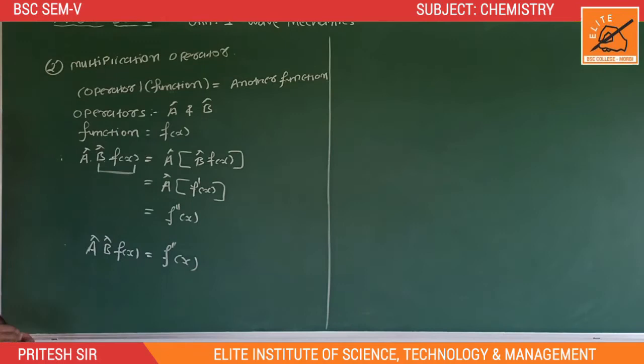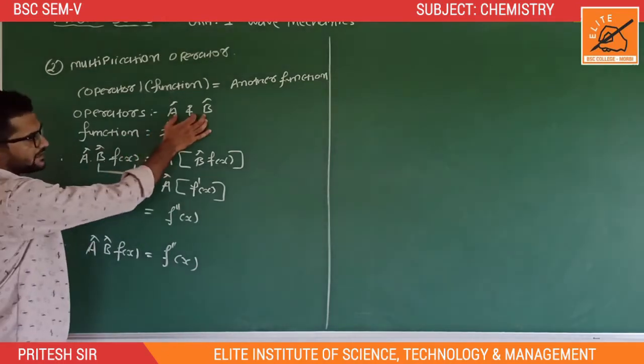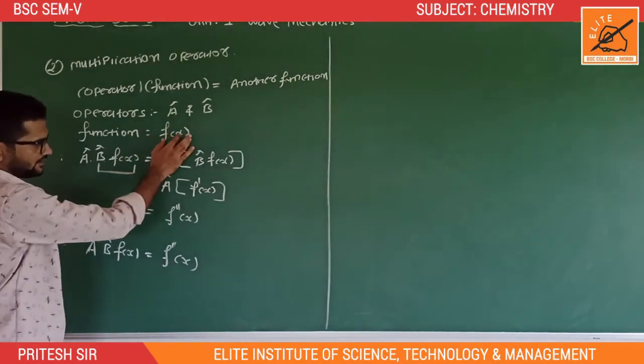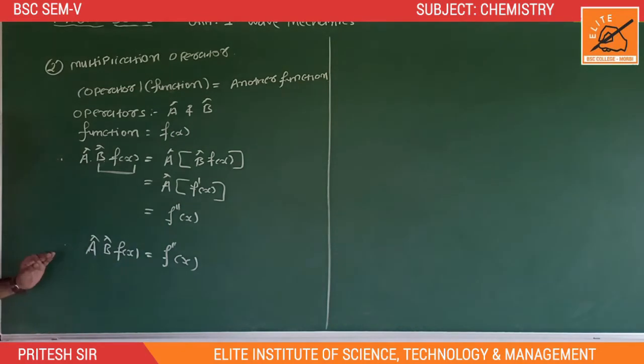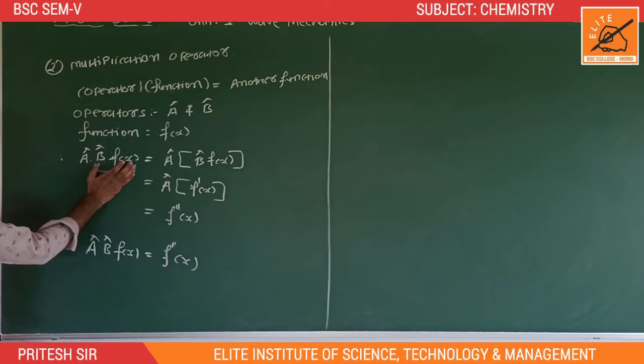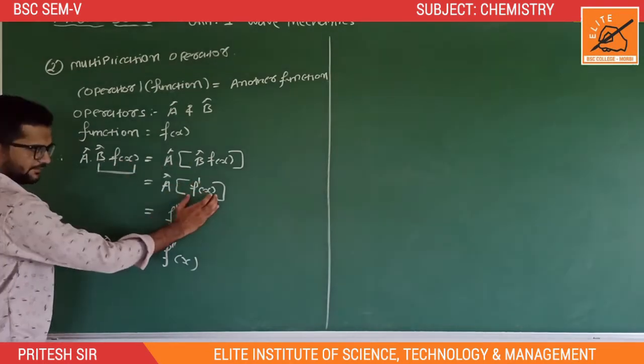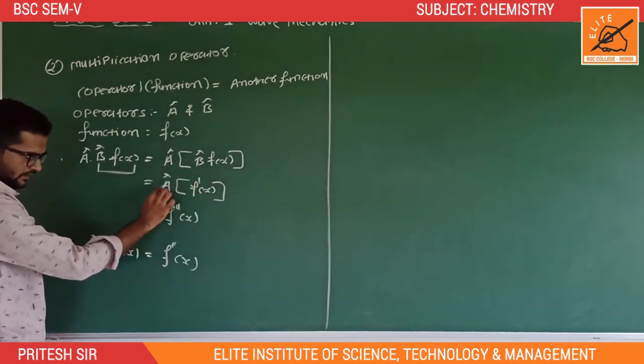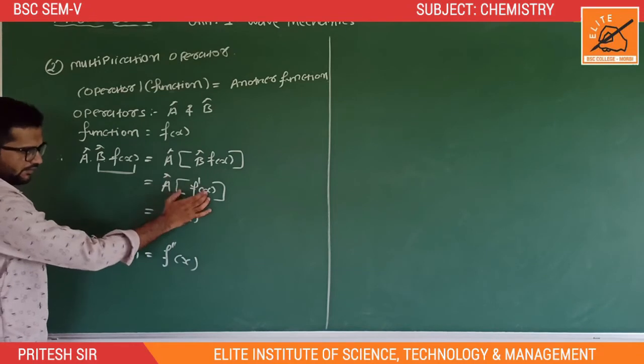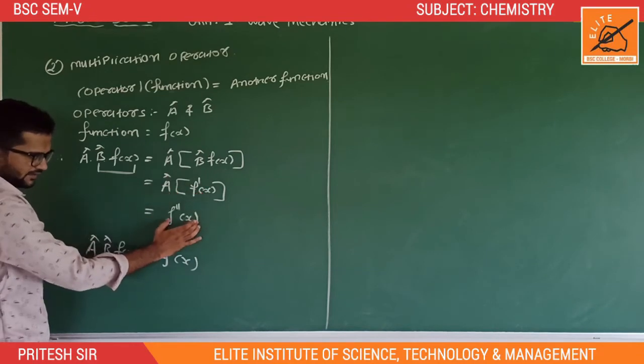In multiplication operator, two different operators are multiplied with the function, and the main thing is the sequence of operation. First operator B cap is operated on f(x) and gives f dash x, and finally A cap is operated on f dash x and gives f double dash x.